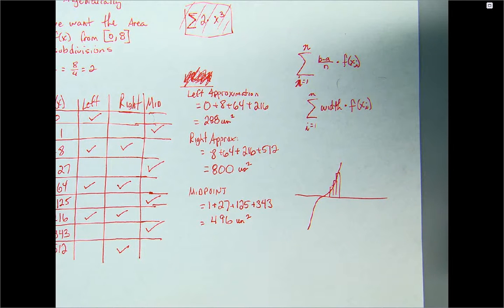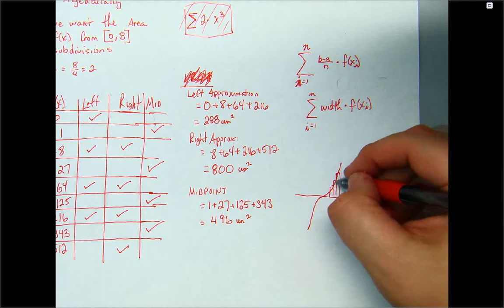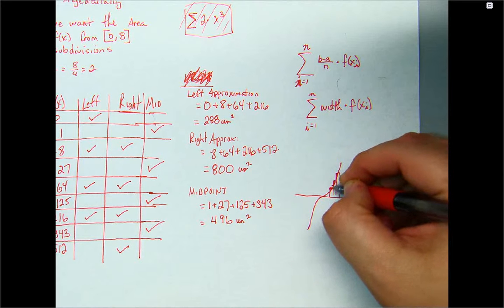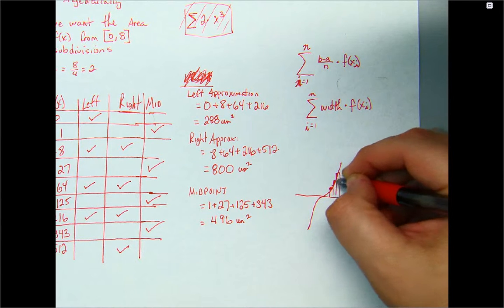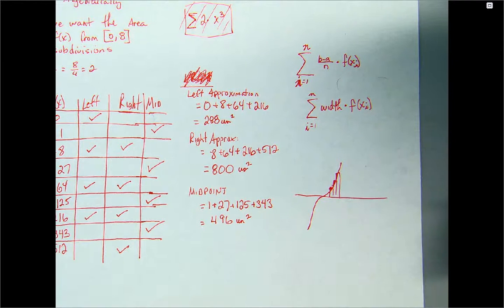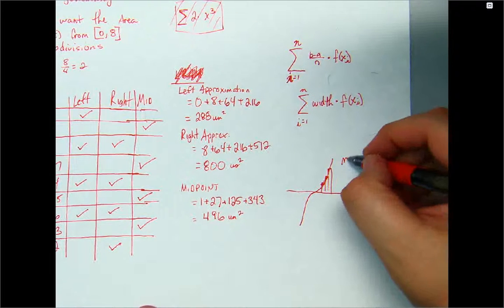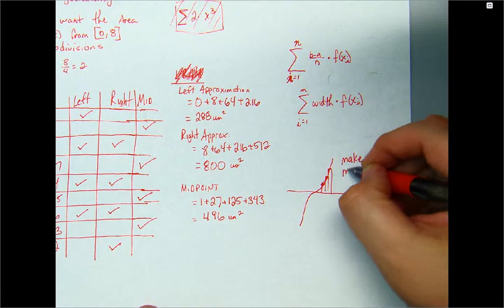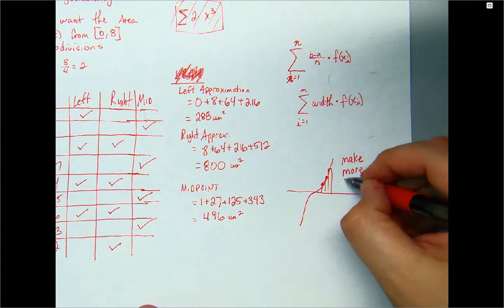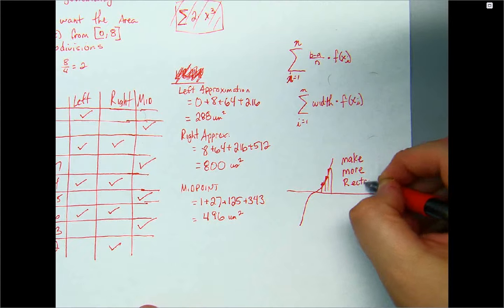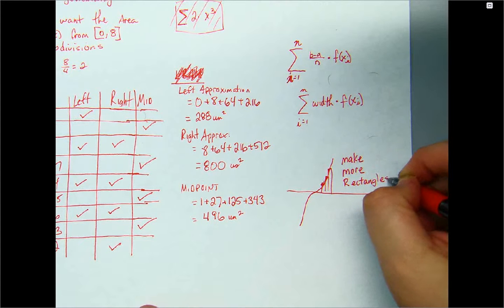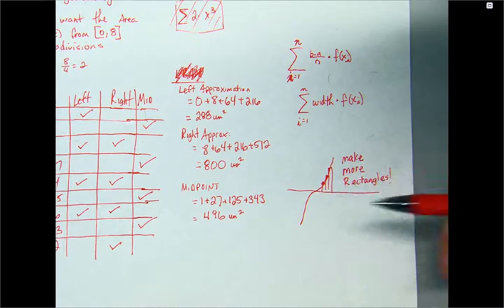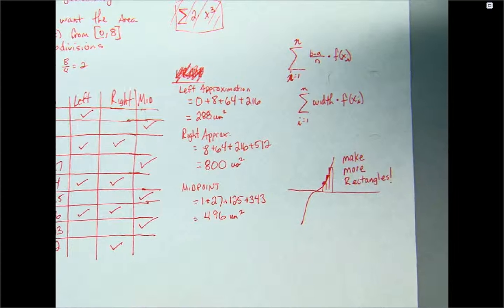What could I do to minimize this extra bit right here? So instead of breaking it into 4 rectangles, do you think 10 rectangles would give me a better approximation? What about 100 rectangles? What about 1,000,000 rectangles?